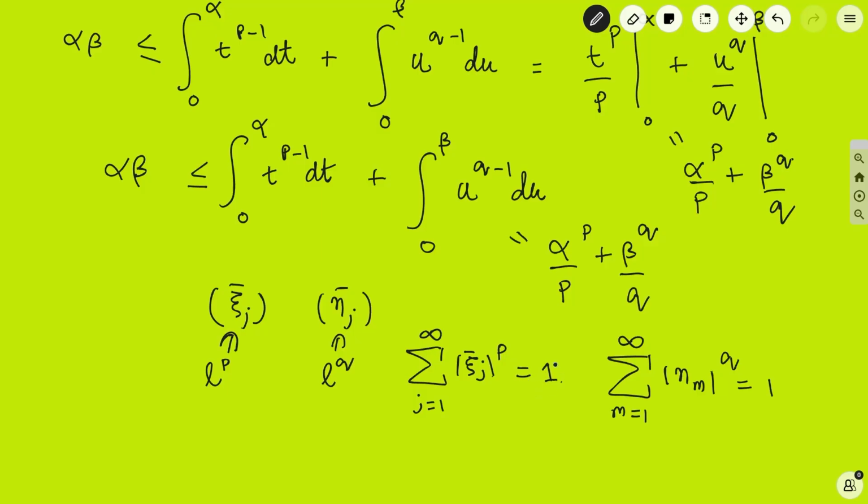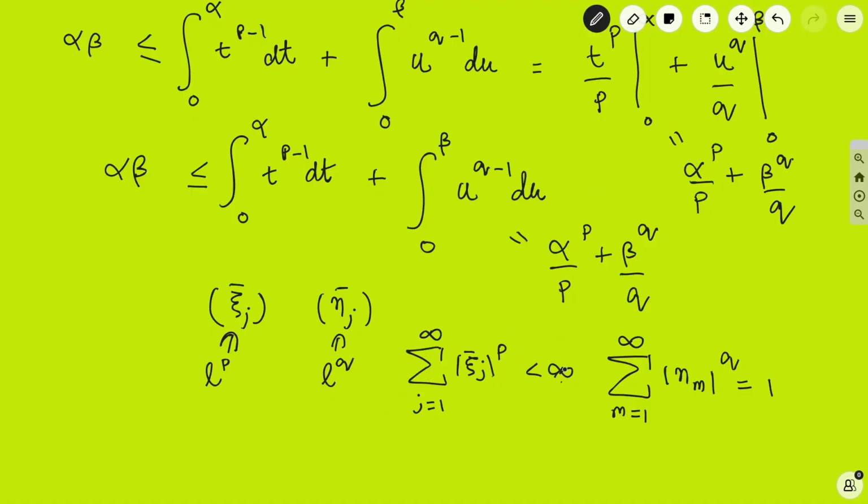I'm sorry, it's not actually 1. For this to be in LP, this stuff to the power 1 by p should be just a finite number. It should not blow up. It should be less than infinity. That's the definition of LP and LQ. But well, we don't need to think about that now.